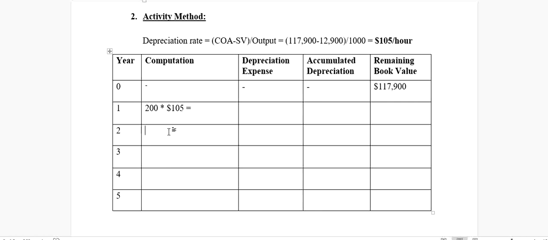Likewise, we used it for 150 hours in the second year, and the rate was calculated as 105 each. Then in the third year the machine was used for 250 hours with the rate of $105 each.